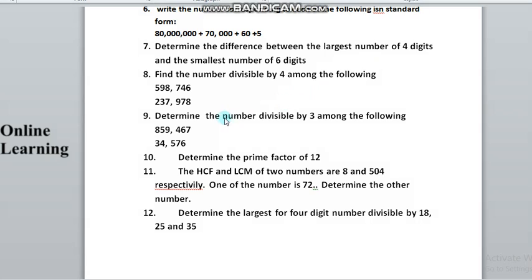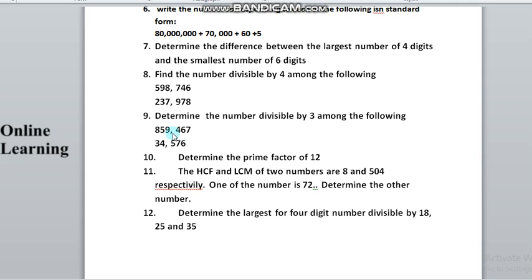Next we will check which number is divisible by 3. For the divisibility of 3, we add up all the digits. If the sum we get is divisible by 3, then the whole number will be divisible by 3.